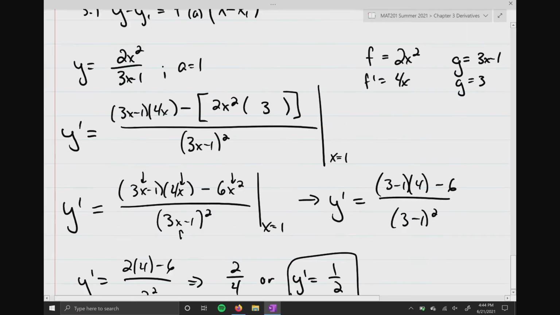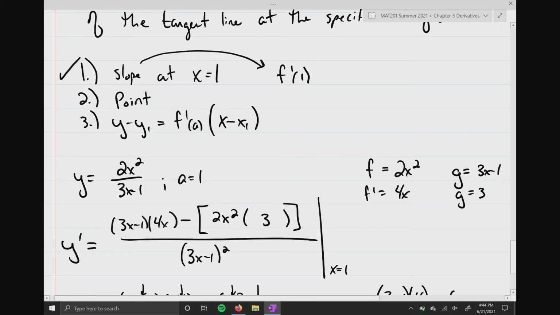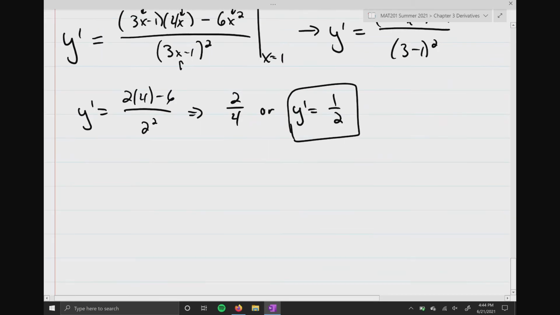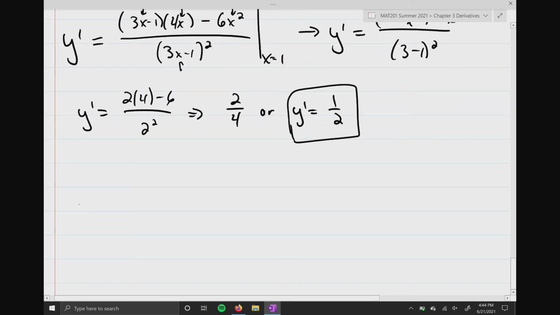So if I scroll all the way back up here, check mark, I know my slope evaluated at x equals 1 is 1/2. Now the point, well, this is going to be y equals 2x squared all over 3x minus 1.